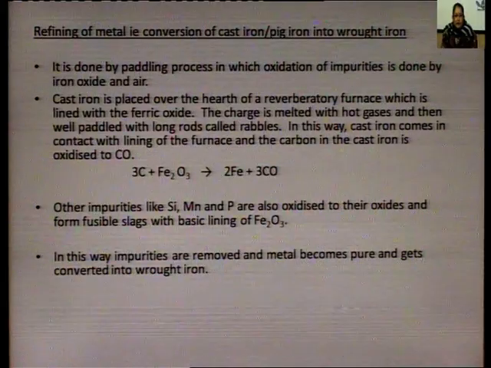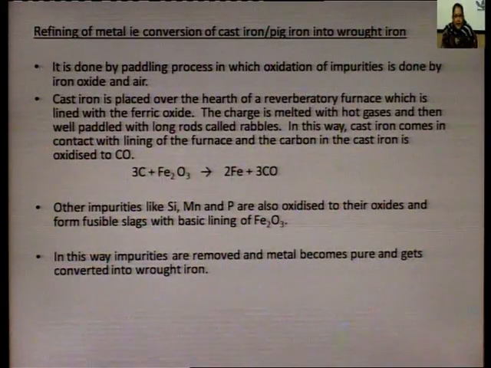So, how can this be carried out? It is done by the puddling process, and in this case the oxidation of the impurities is done by iron oxide, that is again by the hematite ore and air.